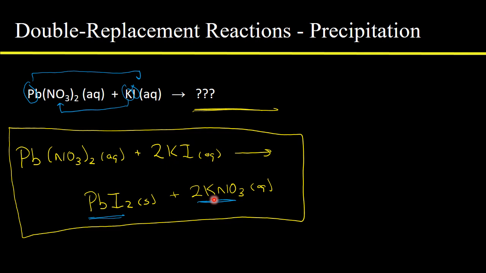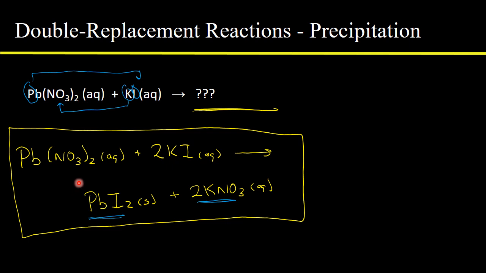Okay. For the states, I refer back to the solubility rules. This one over here is easy. All group 1 compounds are soluble, so potassium anything is going to be soluble, and also all nitrates are soluble. So there are 2 reasons that we know that this has got to be soluble. So I wrote aqueous over here.